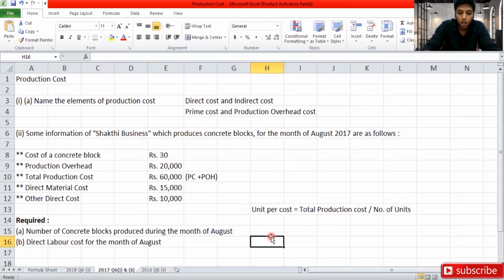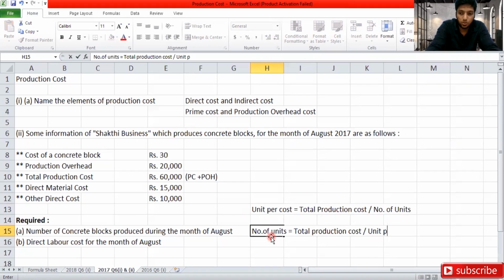So I'll bring the number of units to this side. Then I will take total production cost and divide it by unit cost. Now I can easily find the number of units.